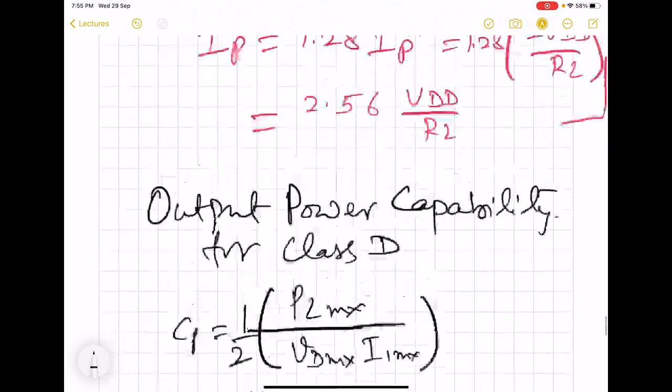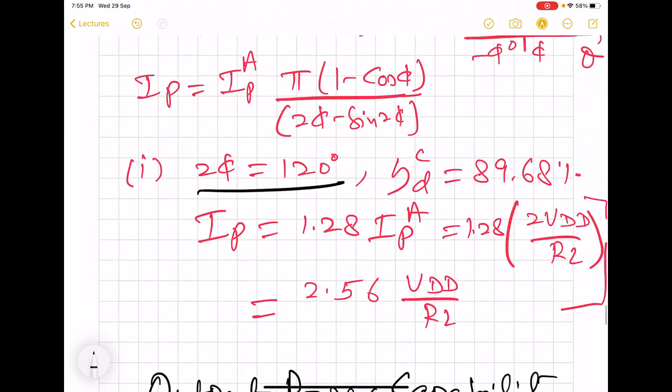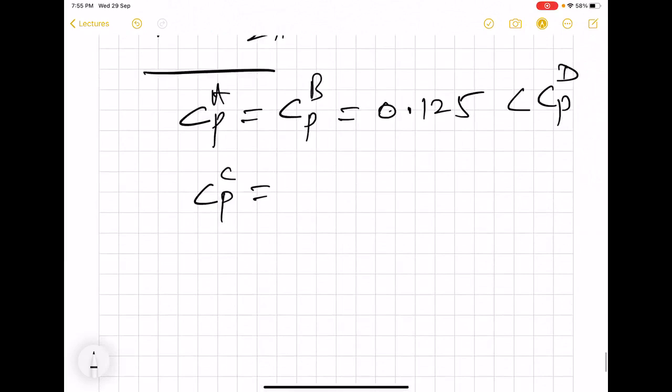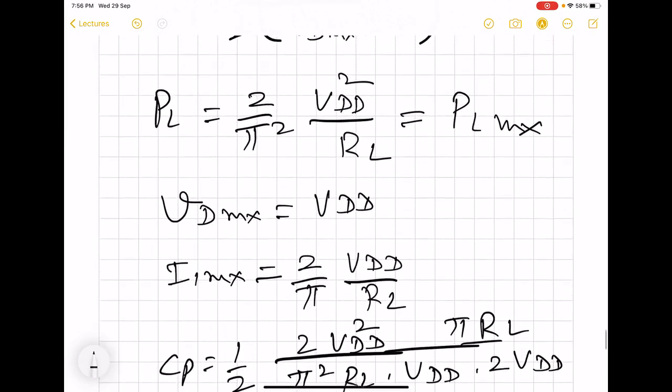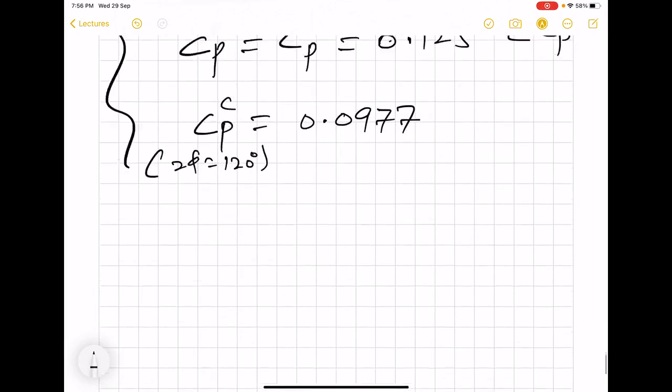But if we take the case that we just now took for 120-degree conduction angle, so for 2 phi equal to 120 degree, this value turns out to be 0.0977. So we can see that out of all these power amplifiers that we have studied up till now, it is the class D which is giving the maximum output capability. That means load will experience substantial output power, and moreover the device stresses are also going to be low.